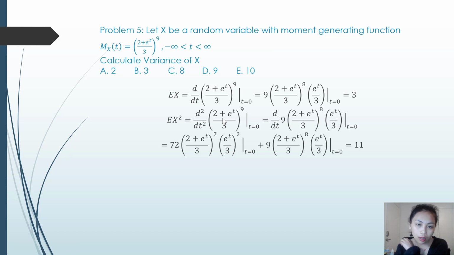You should at least know how to take the derivative of the function. So E[X] is 3, E[X squared] is 11, so the variance of X is E[X squared] minus E[X] squared, so 11 minus 3 squared, which is 2. So 2 is the variance of X.